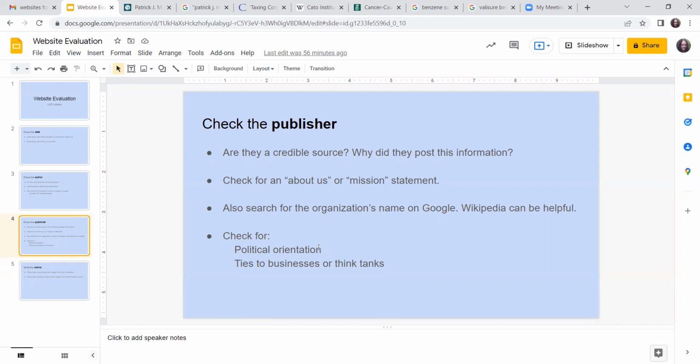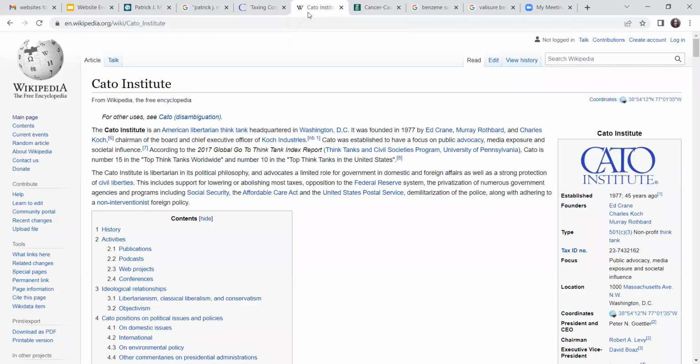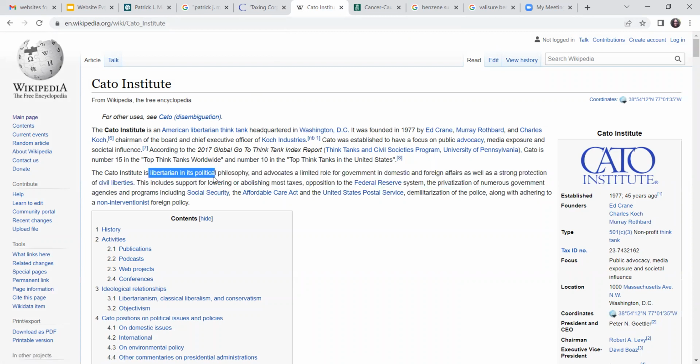Another thing is you want to check for business interests, or maybe think tanks that have an agenda of some sort. So since this one is published by the Cato Institute, I could search on Wikipedia for Cato Institute, and it tells me that it's libertarian in its political philosophy and advocates a limited role for government. So it's always going to be in favor of lowering or abolishing most taxes.